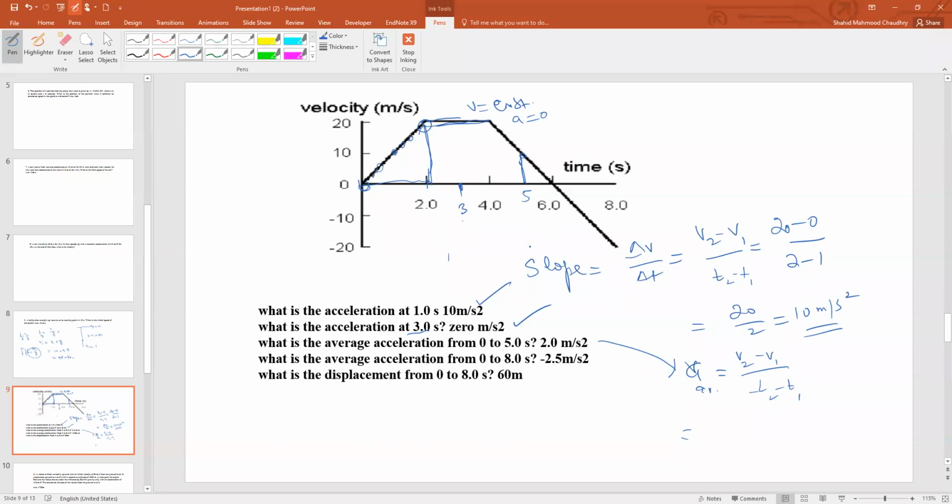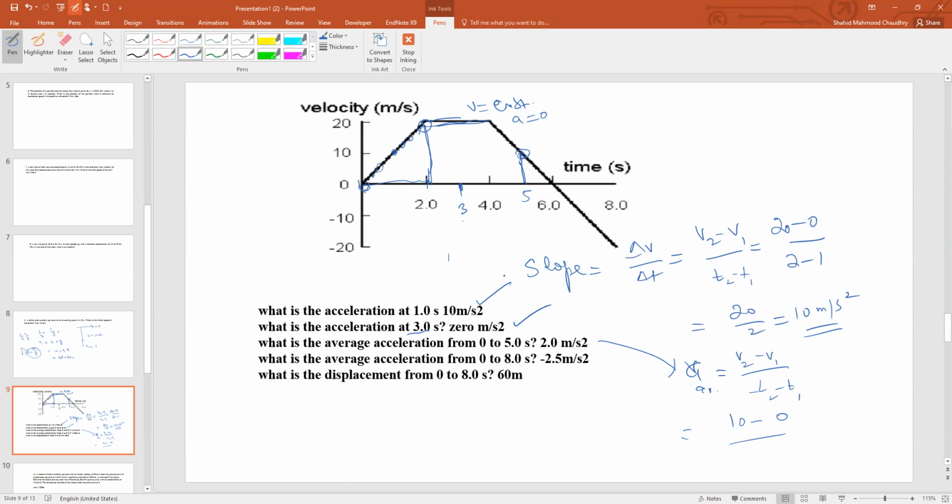Here the velocity at this point is 10, and the initial is 0.